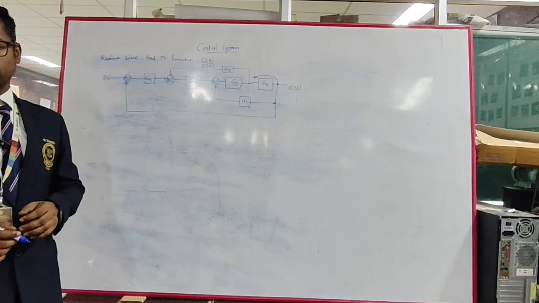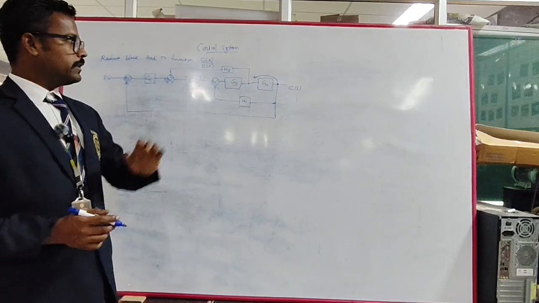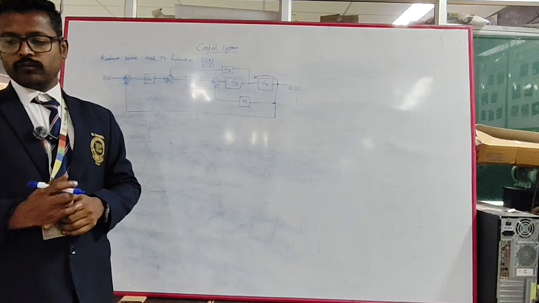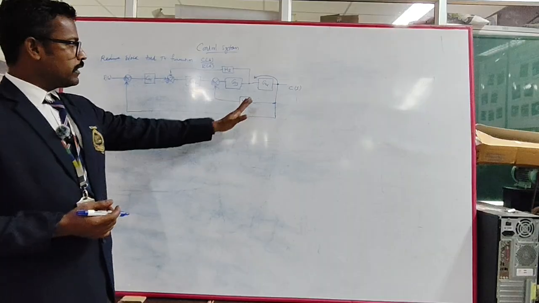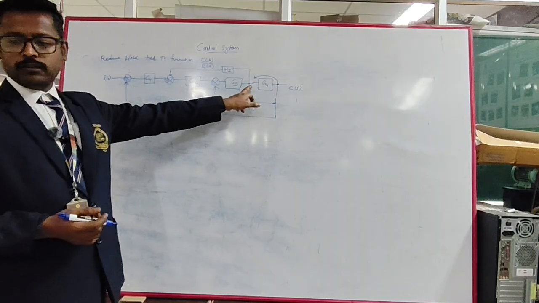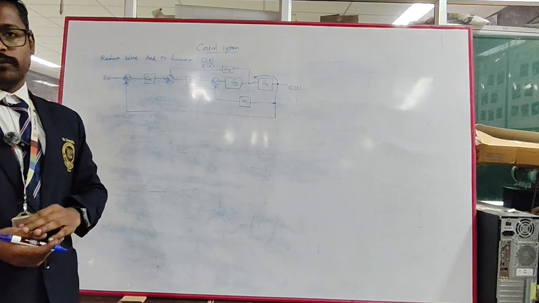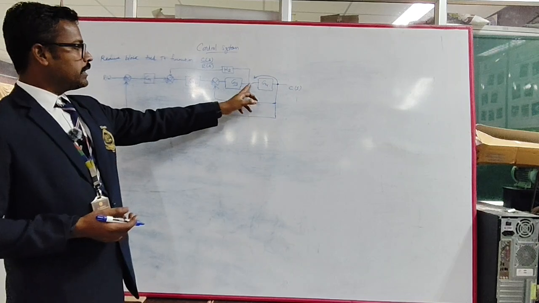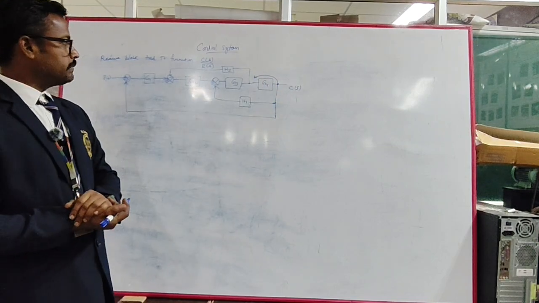So we can move the final branch point to this point. If you are moving that side, the feedback is taken out from here, so you have to multiply it with G4 here, and the G4 will be multiplied here also. Another thing is you can also move this branch point to that side.